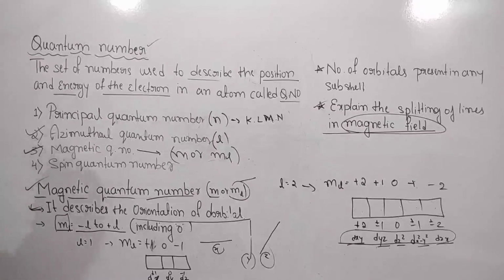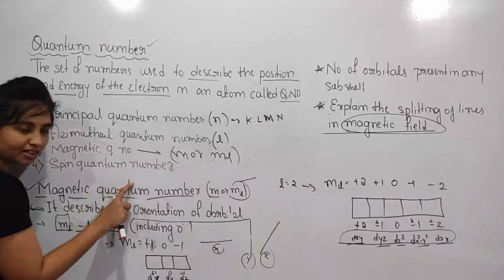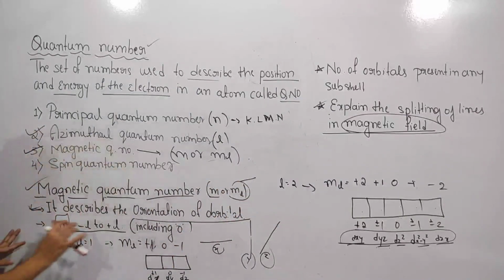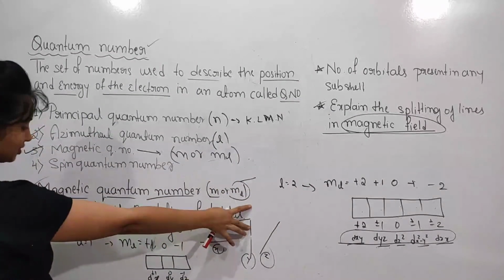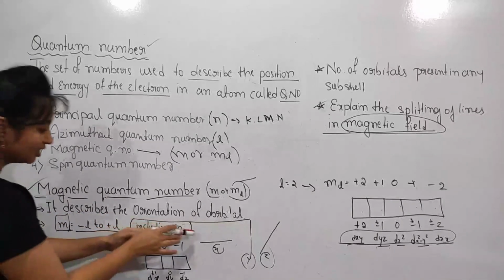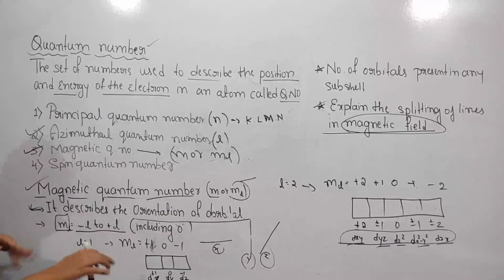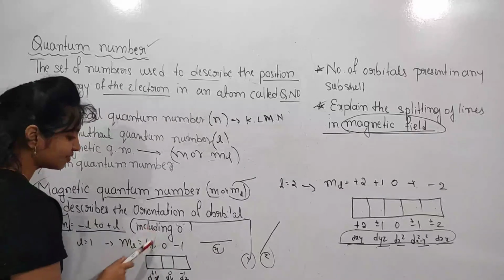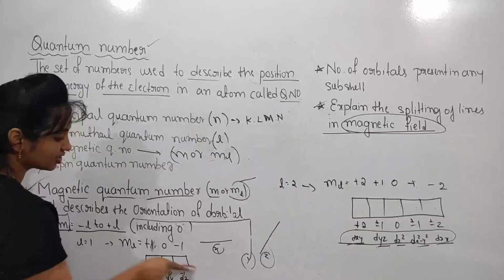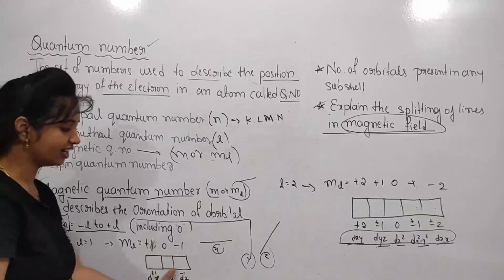Again I wish to repeat here: the magnetic quantum number is denoted by m or ml, and it describes the orientation of the orbitals to us, and its value is minus l to plus l including 0. If the value is 1, then plus 1, 0, minus 1, we have 3 orientations of orbitals here, px, py, pz.